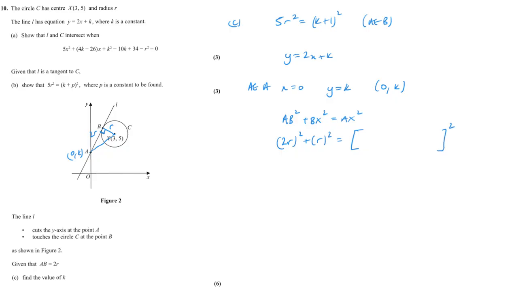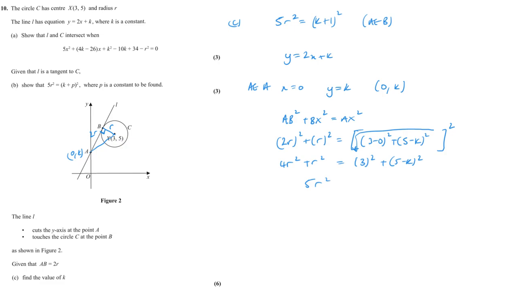So it's going to be 3 minus 0 squared plus 5 minus k squared, and that then square rooted, but of course that's all squared. So we've got 4r squared plus r squared equals 3 squared plus 5 minus k squared.